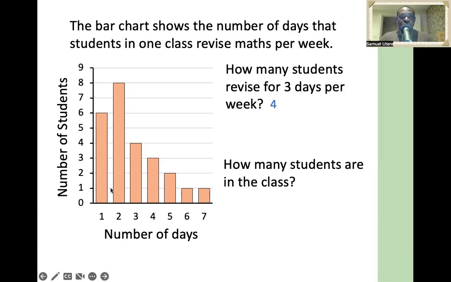So to be able to find that out, we need to read from the right to the left to pick out each of the numbers. So that's 6 students, add 8 students, add 4 students, add 3 students, add 2 students, add 1 student, and another 1 student. So altogether, there were 25 students.